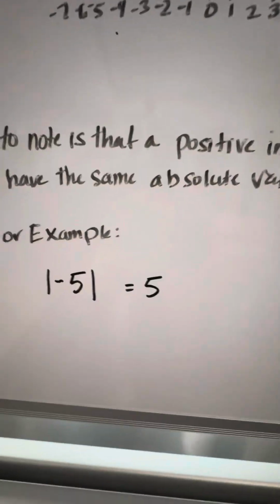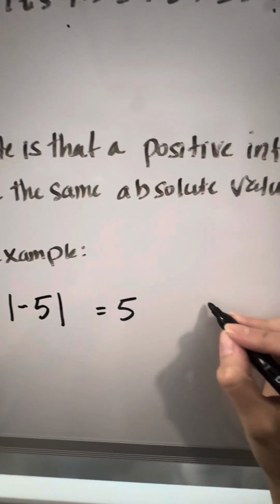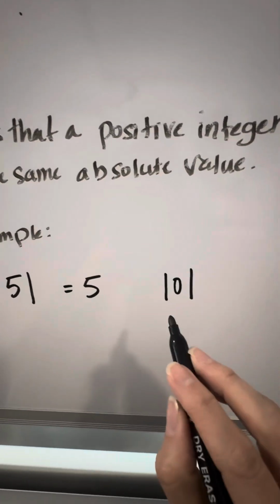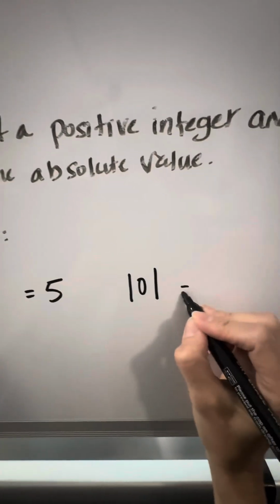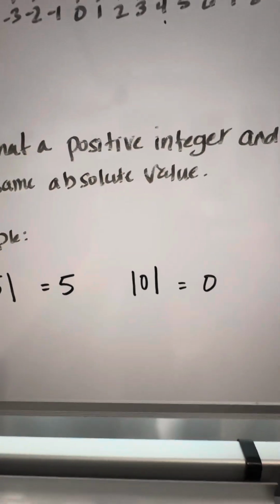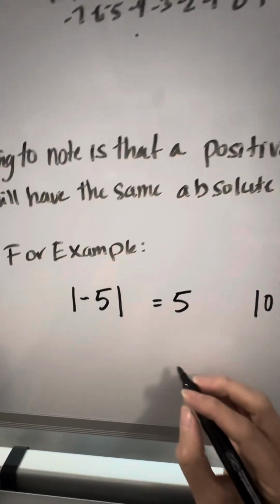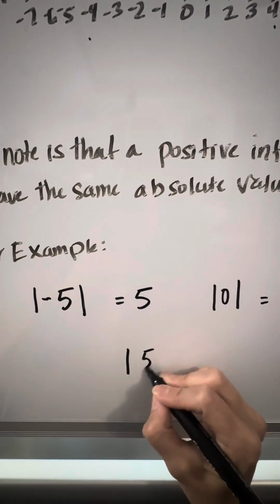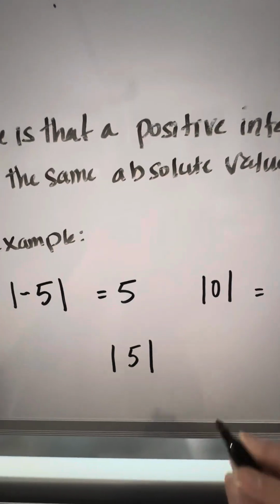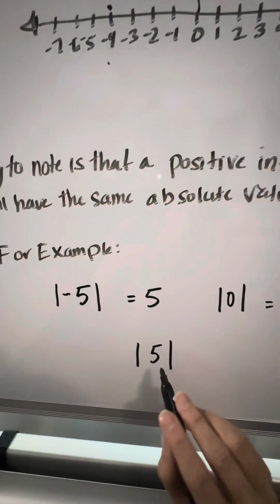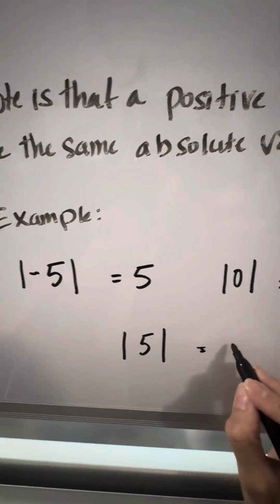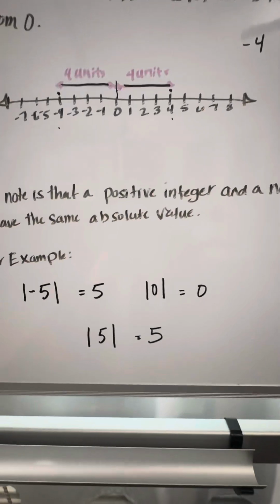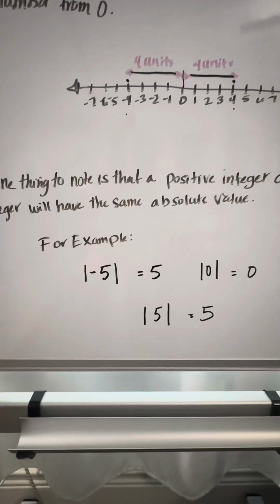Another example would be the absolute value of 0. What's the absolute value of 0? It's going to be 0. And then one more. What is the absolute value of just regular 5? Absolute value of +5 is going to be 5. So these are some examples of absolute value.